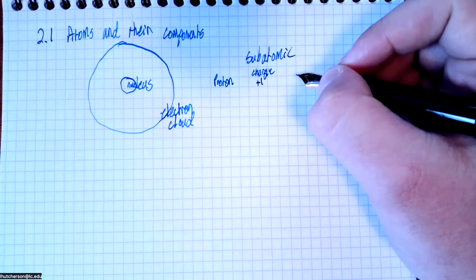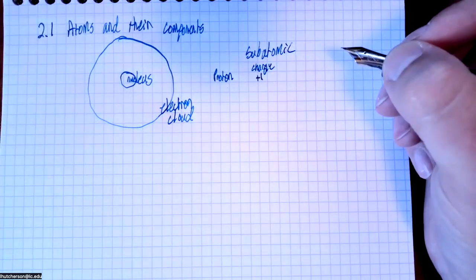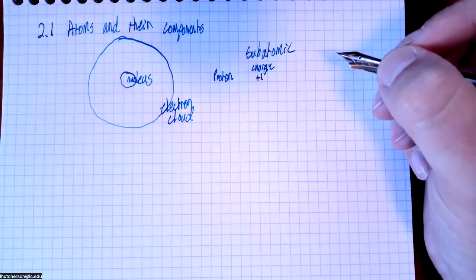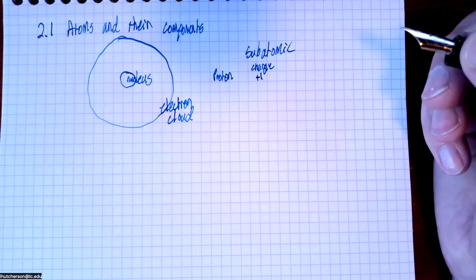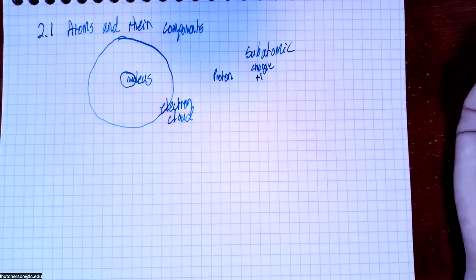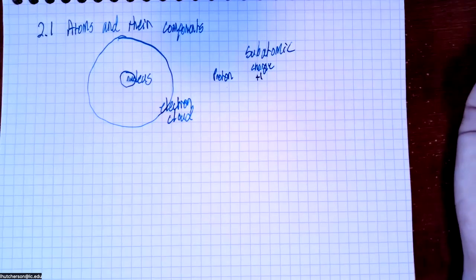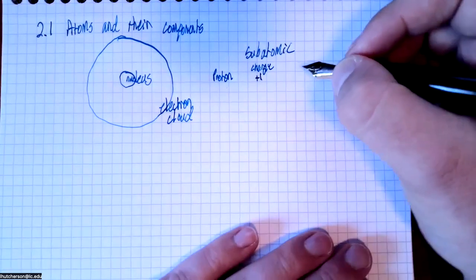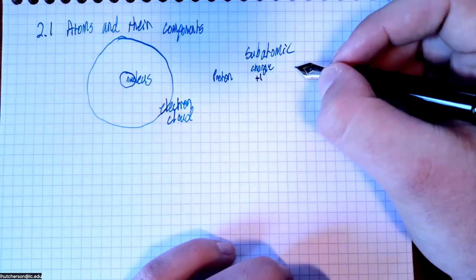If we wanted to get more technical and give an SI unit, the SI unit for charge is the coulomb. We could specify this in terms of coulombs, but for purposes of chemistry, just calling it +1 gets straight to the point and is a lot easier for us to use most of the time. But in any case, the charge is +1.